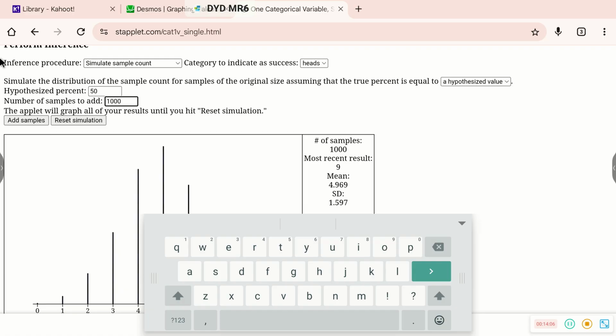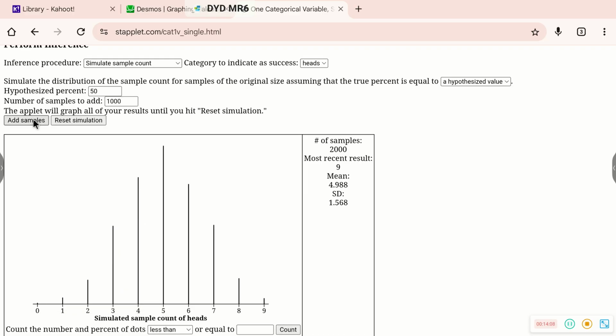We did 1,000, and we have more 5s. Again, we have some smaller numbers out here.